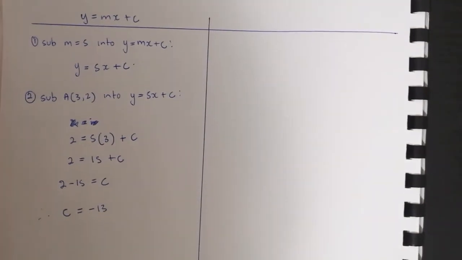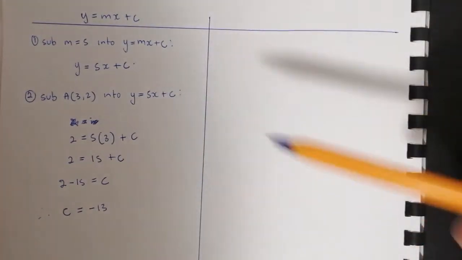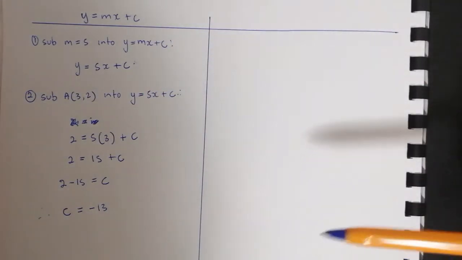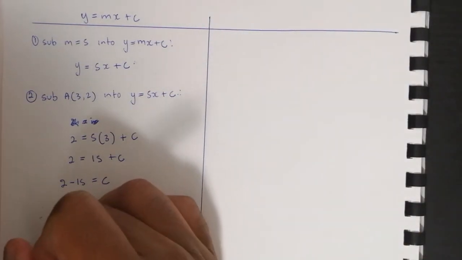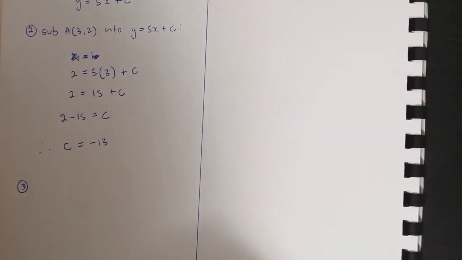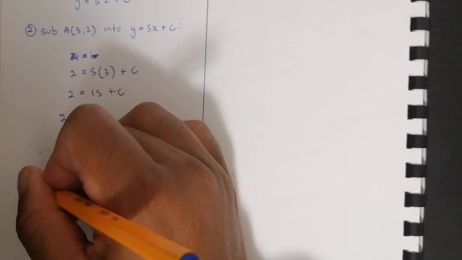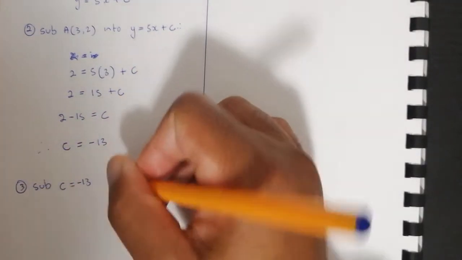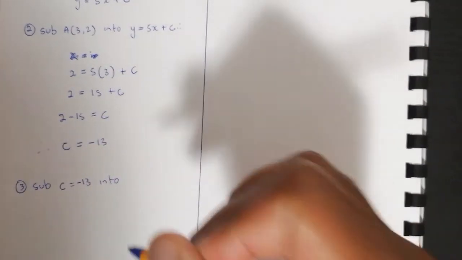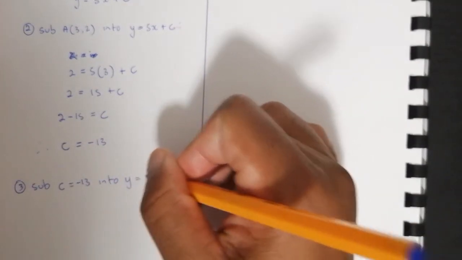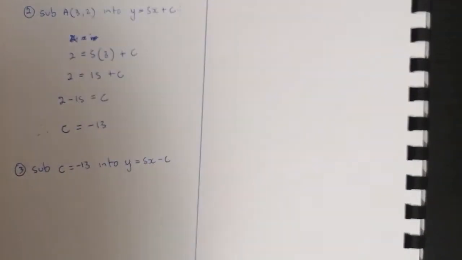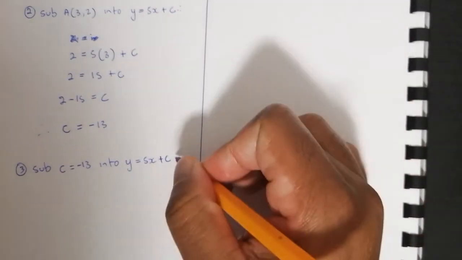Now once we have the value of c, all we have to do is substitute it back into this equation. So step 3, just substitute c equals minus 13 into y equals 5x plus c, sorry about that.